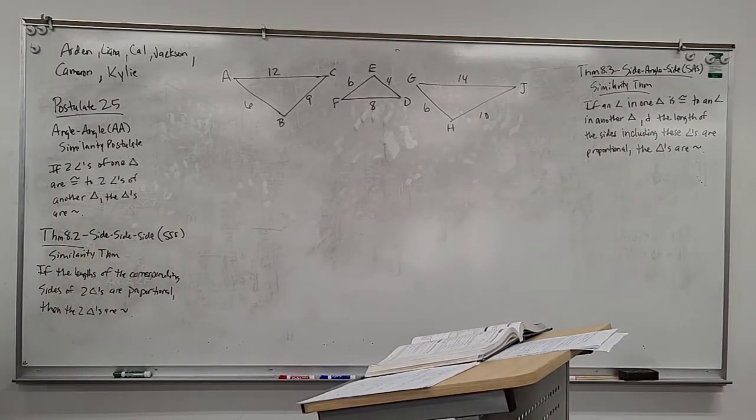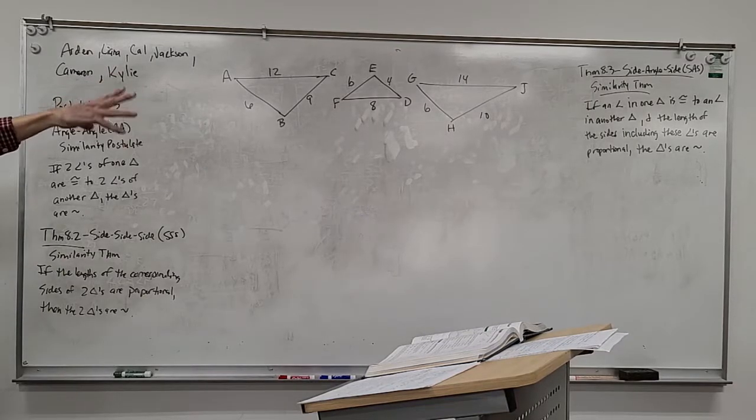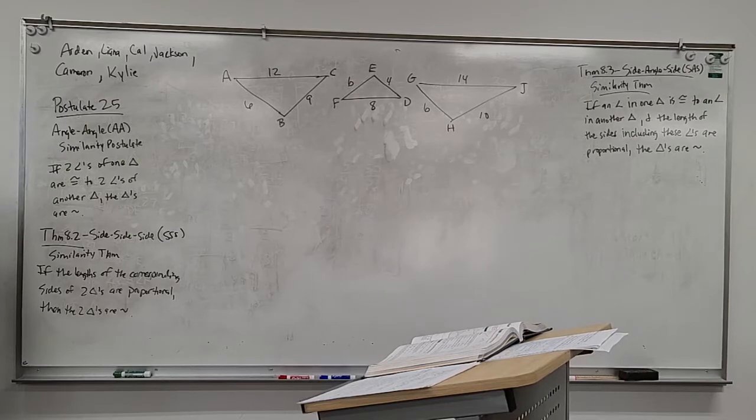Given the one postulate and two theorems that we have to choose from to try to prove this, which one are we obviously going to use? Side, side, side. We've got to use side, side, side because we don't know anything about the angles in these figures. Both angle, angle, and side, angle, side include angles, so that's not going to help us at all in this case. So we've got to prove that the lengths of the corresponding sides are proportional, all right?